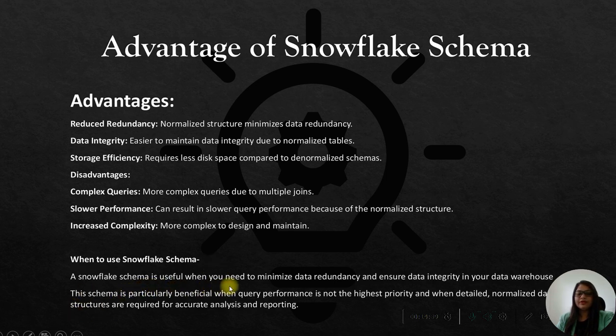It is useful when you need to minimize data redundancy and ensure data integrity in your data warehouse. This schema is particularly beneficial when query performance is not the highest priority and when detailed normalized data structures are required for accurate analysis and reporting purposes. In that scenario, you can use the Snowflake schema.